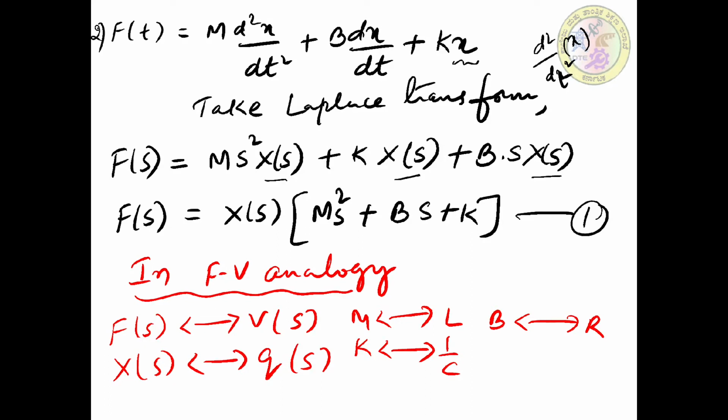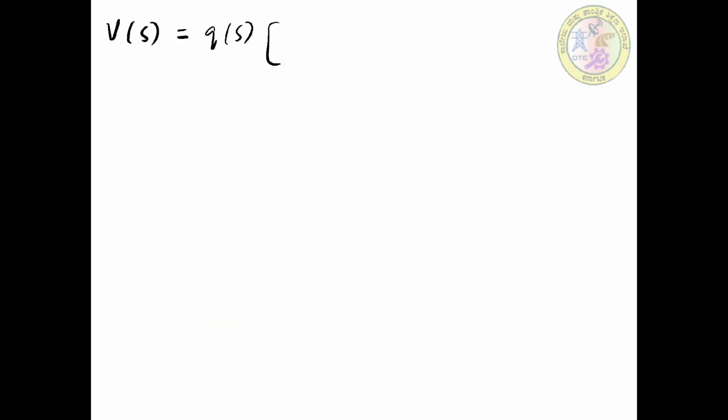For mass m I have to substitute L. So now the equation will be, taking s square as a constant, s square into L plus s into R for the friction plus 1 by C. The constant we will write at the end. This is after substitution.